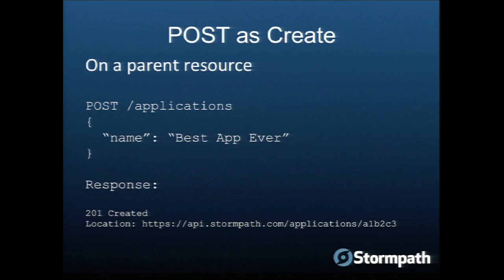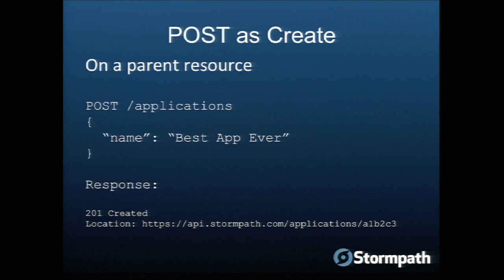But that's not necessarily true of post. So how can post be used for create and update? Post is typically used for creating things based on a parent resource or a parent collection. So in this case, I am posting an application's representation to the /applications endpoint. And what this is really telling the server is, hey, I'm sending you data. I want you to create a brand new application instance that's owned by, or a child of, the applications collection resource.